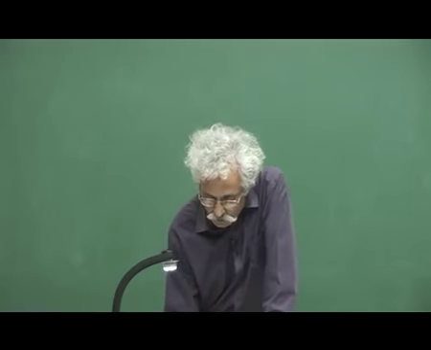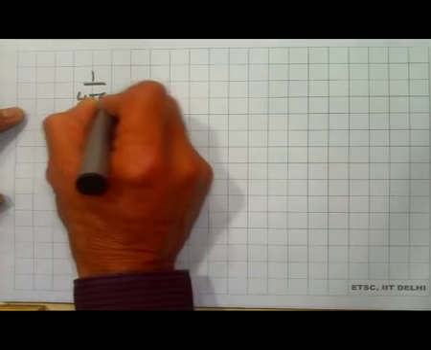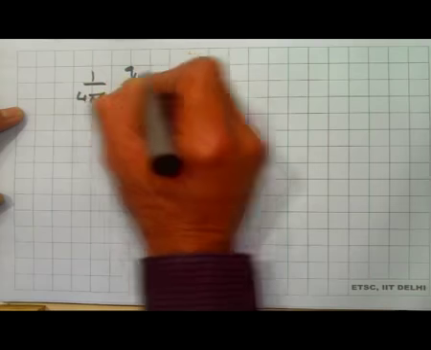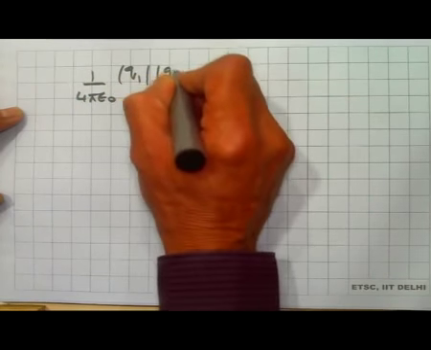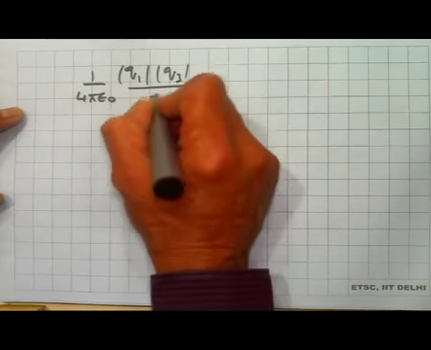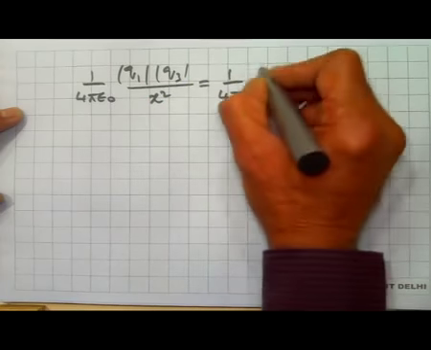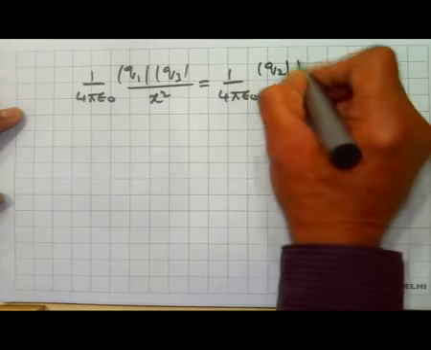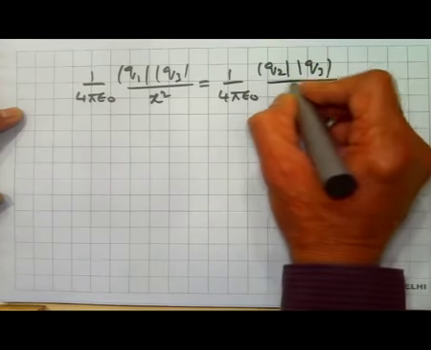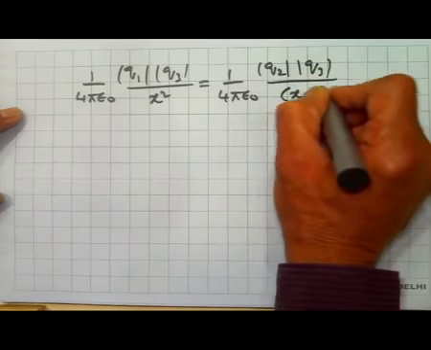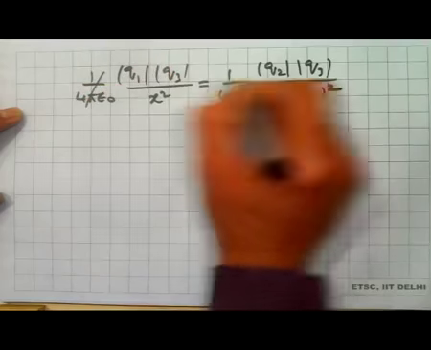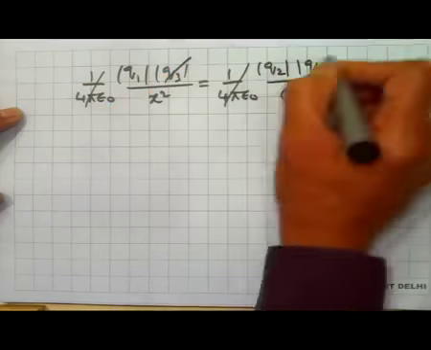So, I have 1 by 4 pi epsilon 0 Q1 Q3 by x square is equal to 1 upon 4 pi epsilon 0 Q2 Q3 upon x minus 1 whole square. So, I cancel this off, I cancel off Q3.